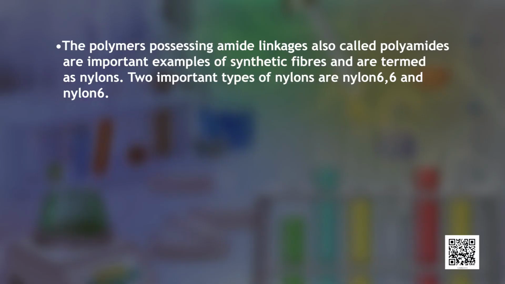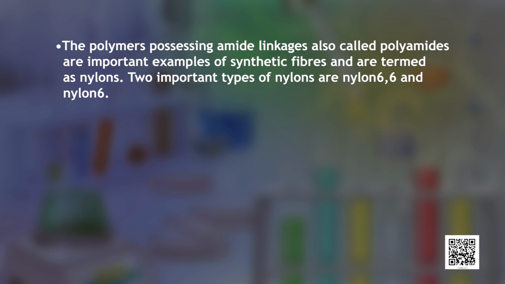Now, we will also learn about the mode of preparation and uses of some condensation polymers that are characterized by their linking units. The polymers possessing amide linkages are also called polyamides. They are important examples of synthetic fibers and are termed as nylons.